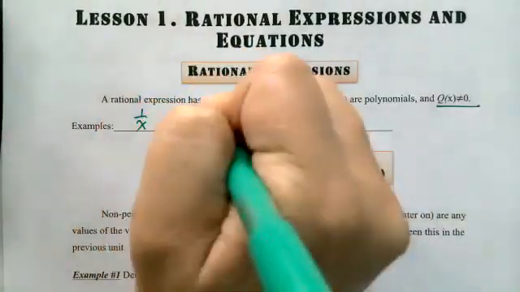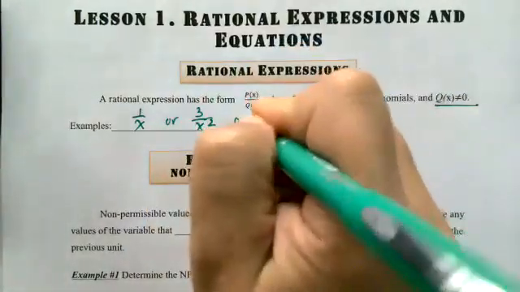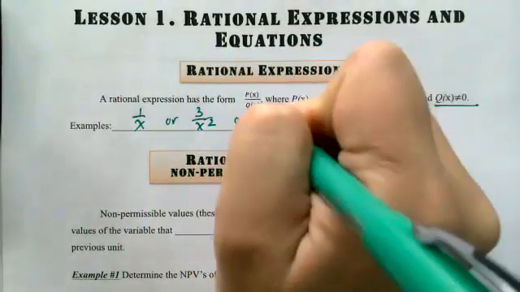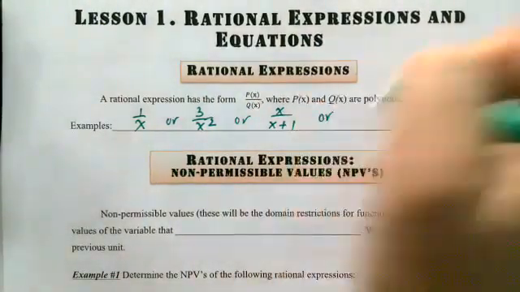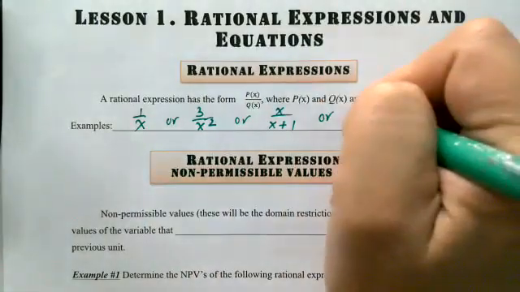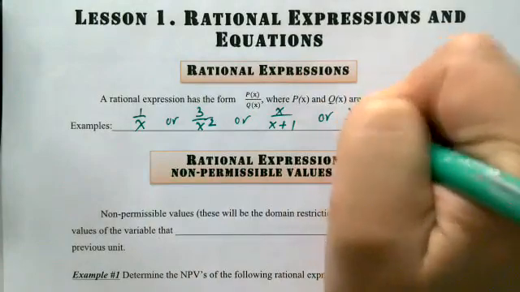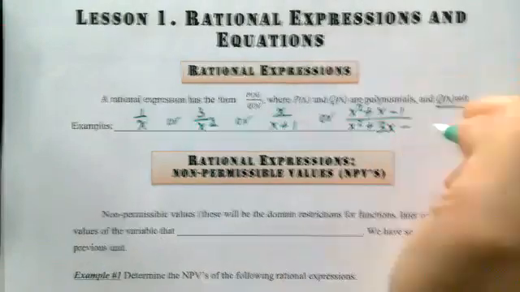So some examples are 1 over x, 3 over x squared, or let's put some x in the numerator as well, x over x plus 1, so linear over linear, or quadratic over quadratic. Let's do that, x squared plus x minus 1 over x squared plus 3x minus 2.